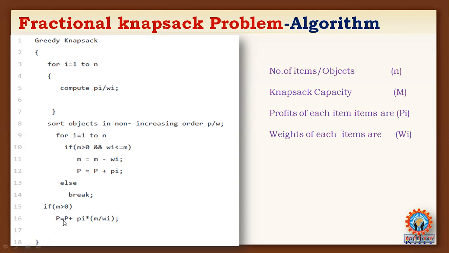That means P equals P plus Pi into M by Wi, the capacity of the knapsack divided by the weight of the item, when the condition is satisfied. So in this way we can write the knapsack problem algorithm step by step.